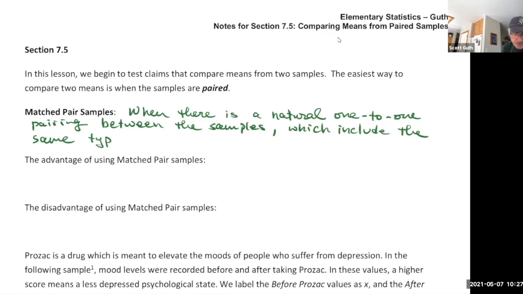So you could be measuring weights, how much something weighs before and after a treatment. They'd have to both be weights though.